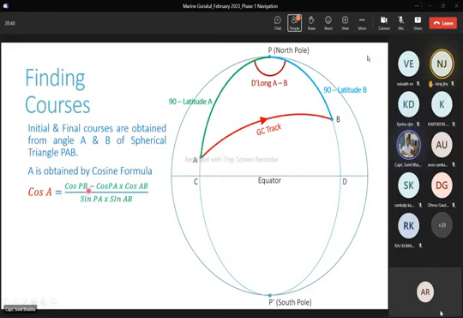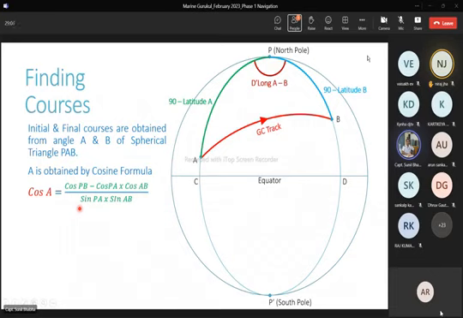You see PB is the opposite side to angle A, minus cos of PA. PA is the adjacent side to angle A, into cos of AB. AB is the adjacent side again to angle A, whole divided by sine of PA into sine of AB.